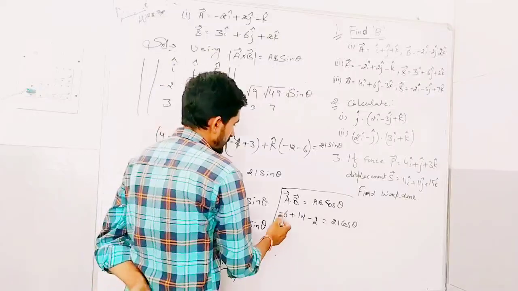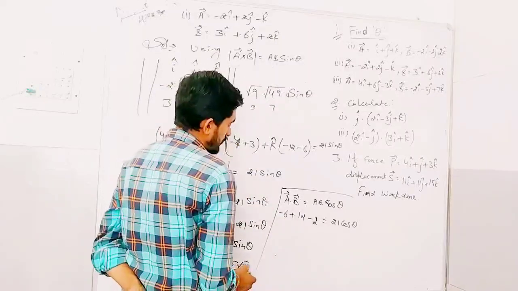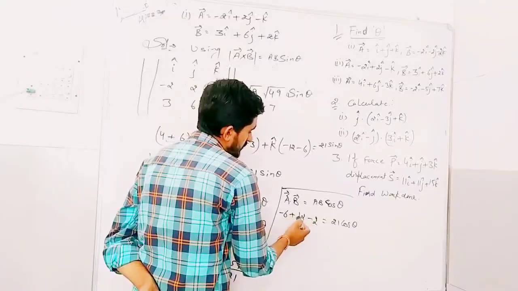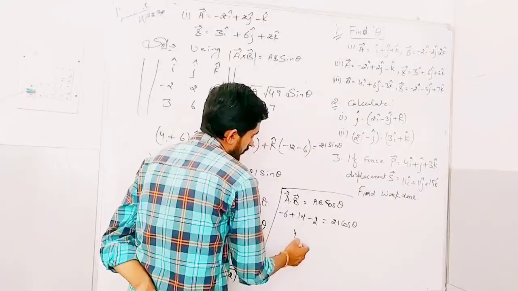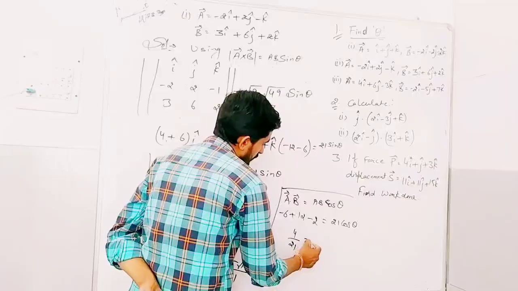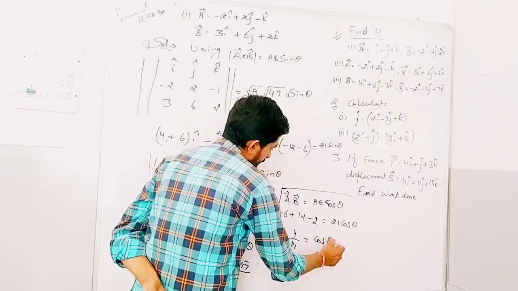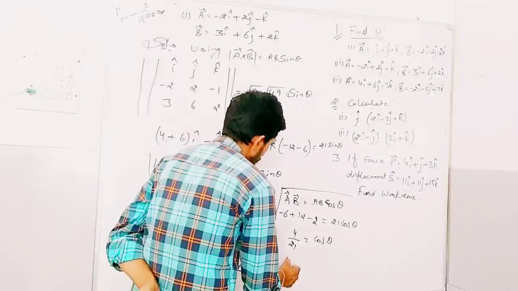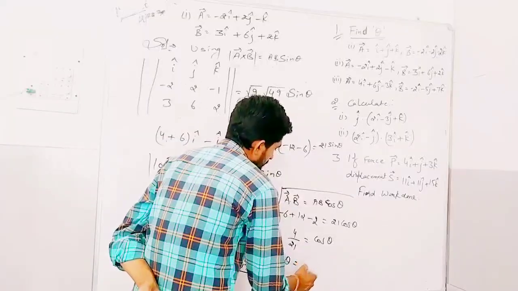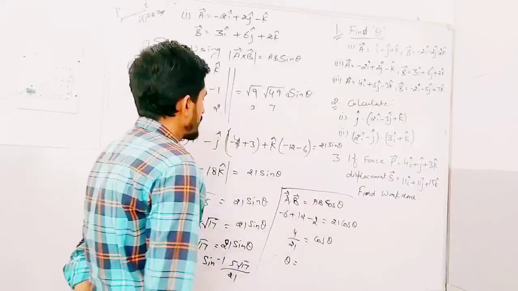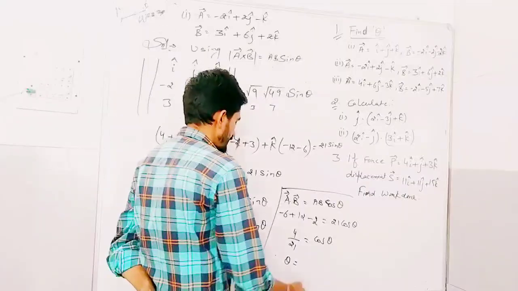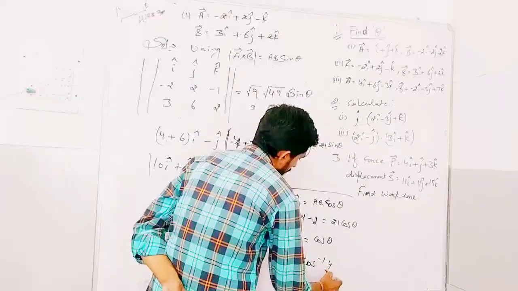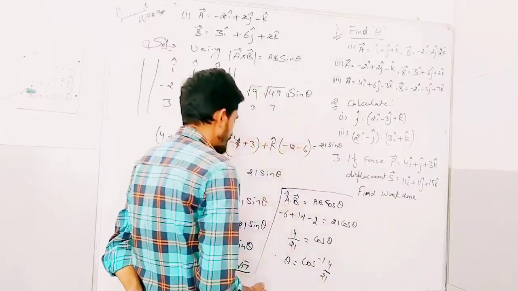This gives me minus 8, 4, this is 4 upon 21 cos theta, and theta is cos inverse 4 upon 21.